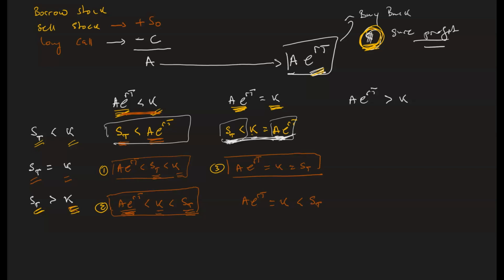If we use everything in our account, I'm going to use a different color here, just to make it clear, and we exercise the option, we don't realize a sure profit. However, we cannot use what we have in our account to purchase the stock in the open market, because what we have is not enough to purchase the stock in the open market. And in that case, there's no arbitrage that exists here. So we are also going to flag this as a no arbitrage scenario. That's going to be a 4 here.